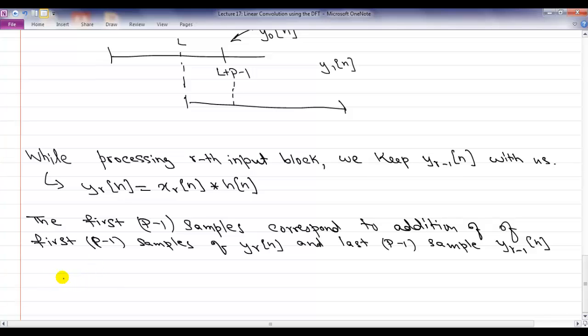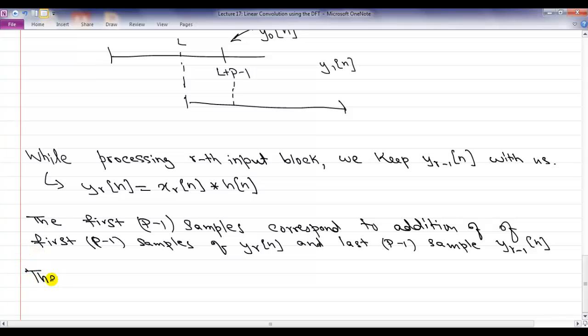Now, after that, the next L minus P minus 1 samples are uncorrupted, just as we saw in the previous version. So the next samples will be uncorrupted and you output them as it is.